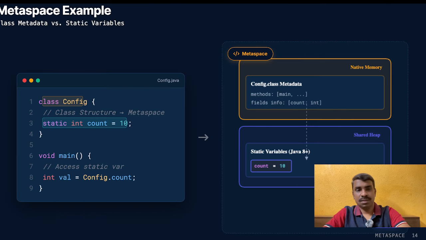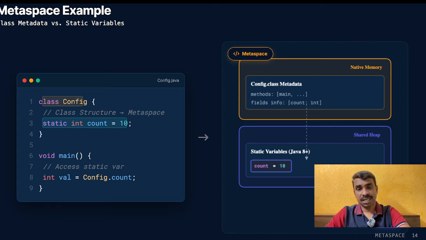So Metaspace example: you have a class Config, with a static int count equal to 10. You can see in the metaspace that this class's details are held: Config.class metadata, and Config.class is in the metaspace. Methods you can see main, fields count, type int, all these things, because the integer variable is static, that's why it came to the metaspace.